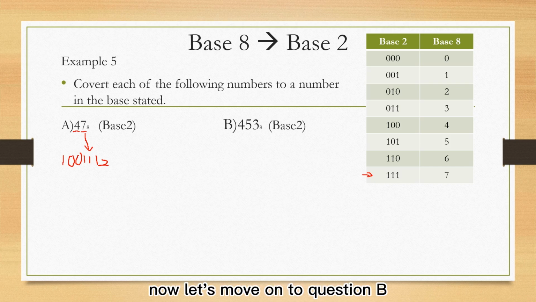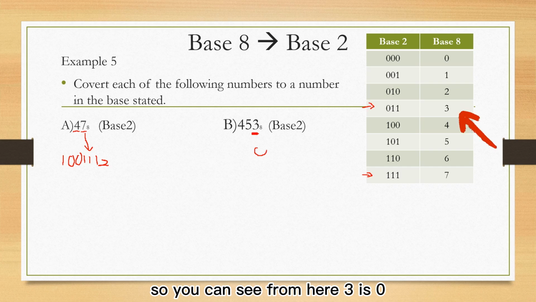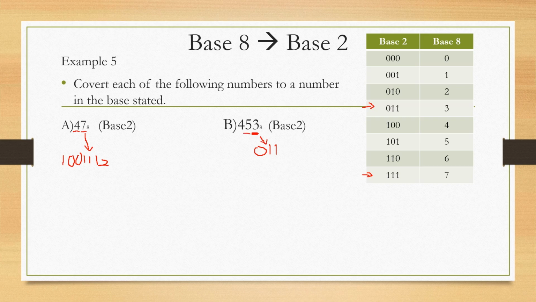Now let's move on to question B. Here is 3, so you can see from here 3 is 0, 1, 1. And 5 is 1, 0, 1. And the 4 is 1, 0, 0.